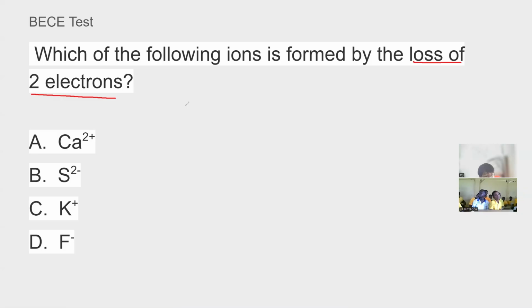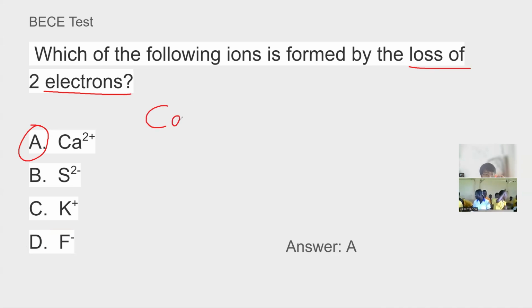I think I heard D, but D is unfortunately not correct. And I heard the answer is A. Oh yes, great job. The answer is A, that's correct. The reason is that it lost 2 electrons. So calcium, as it loses 2 electrons, becomes Ca2 plus.